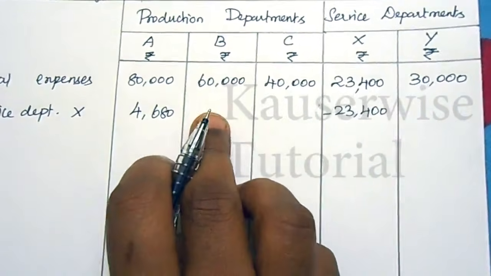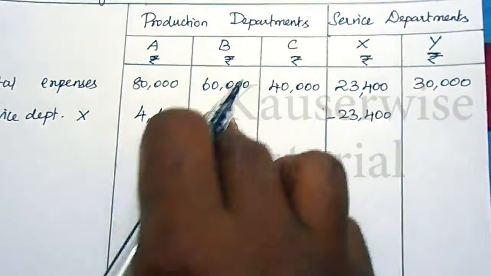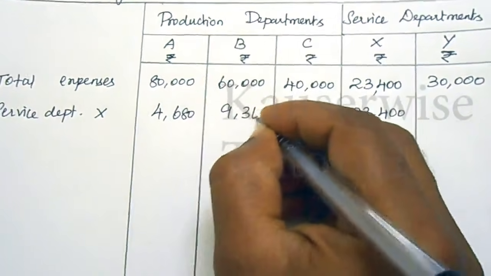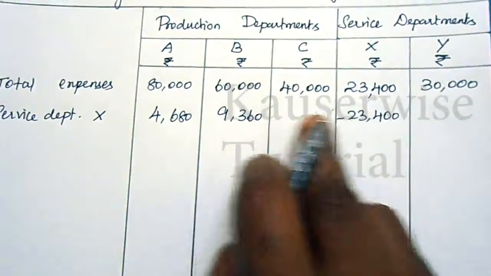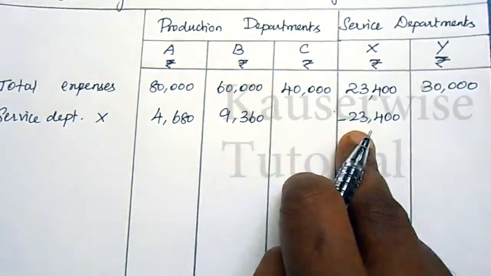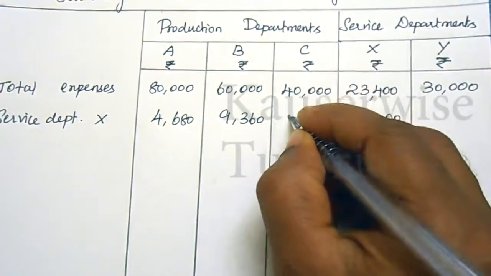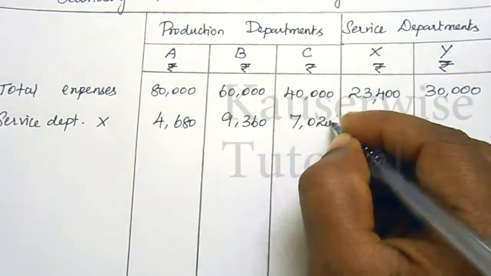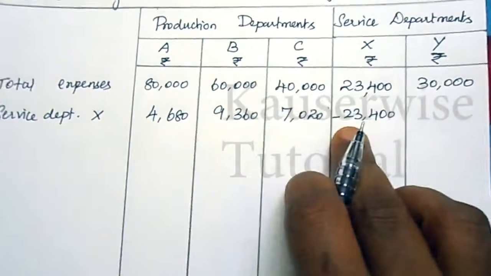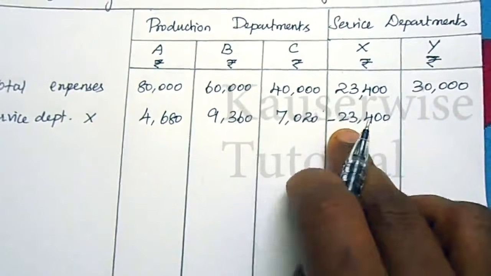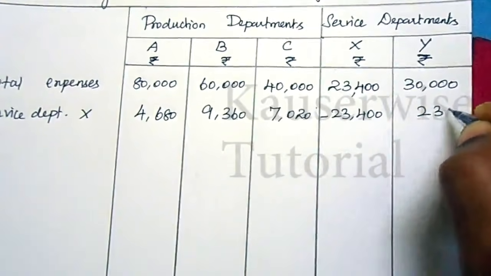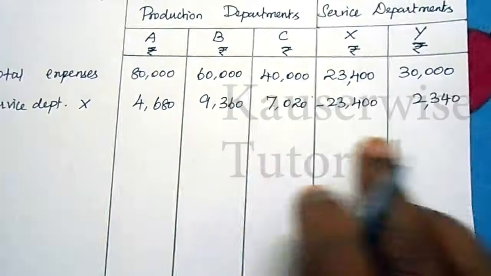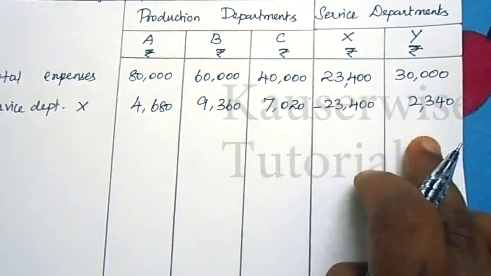For B, 23,400 into 40 by 100, 9,360. For C, 23,400 into 30 by 100, 7,020. For Y, 23,400 into 10 by 100, 2,340.